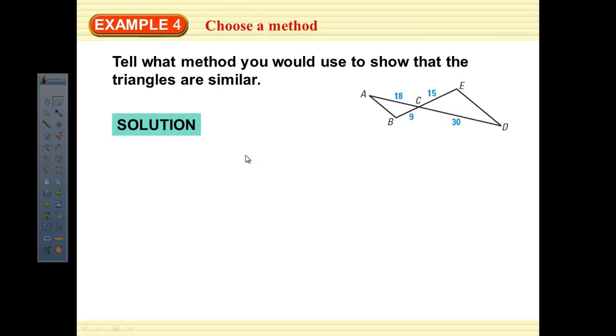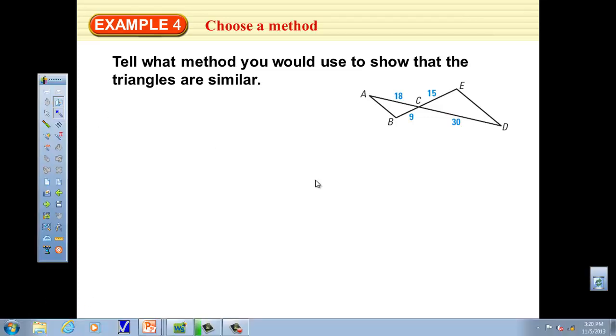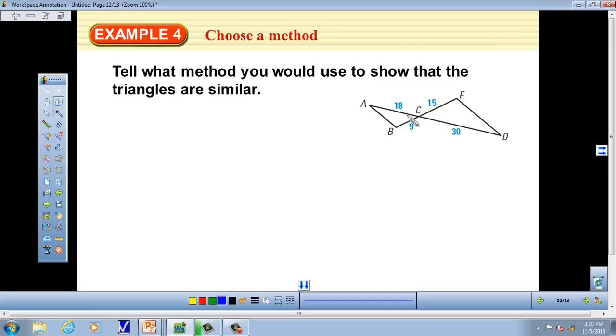Alright, here's another one. So, sorry, having a little bit of difficulty here. We know that these two angles are congruent because they're vertical angles, so we can state that angle ACB is congruent to angle ECD.